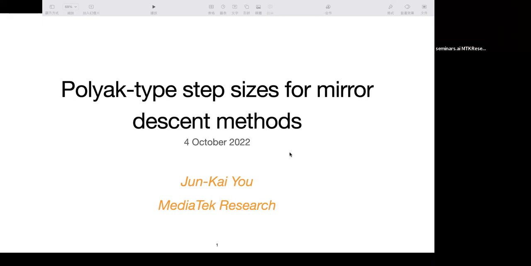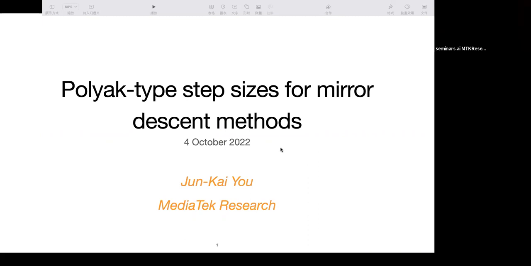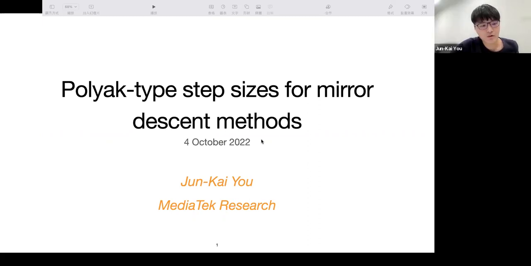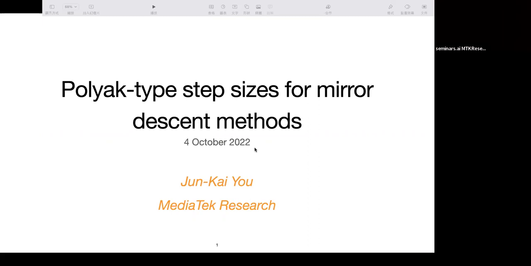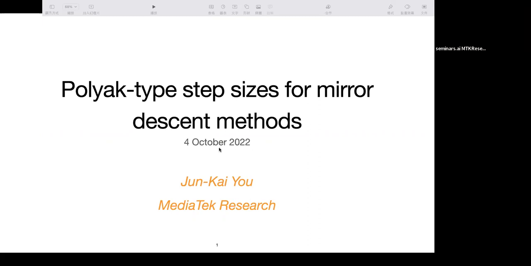This is a joint work with my advisor at National Taiwan University, Professor Yanhuan Li. And part of this work was accepted in ISIT this year, which is an information theory conference. But in this talk, I will mainly focus on the optimization theory part.